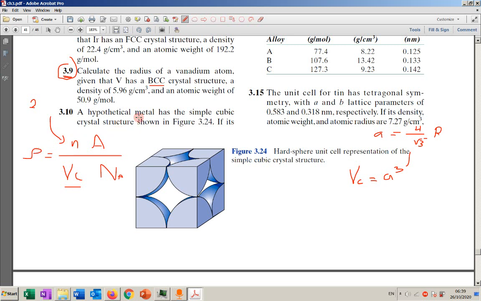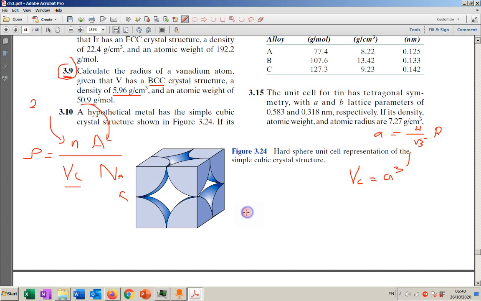A, we know what is given because of the vanadium, the element, so A is given to us. And also the density is given to me to be 5.96 gram per centimeter cube. So let's write those things down and see the units, to see if we have to change anything or not.